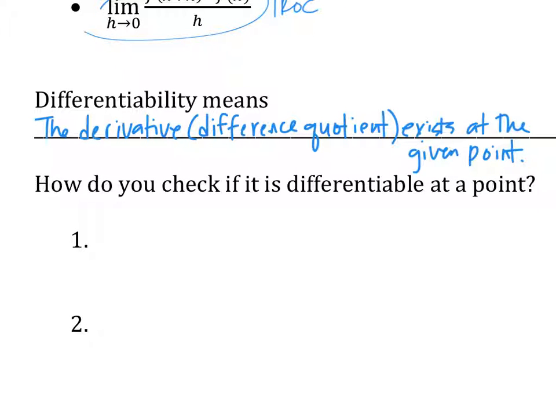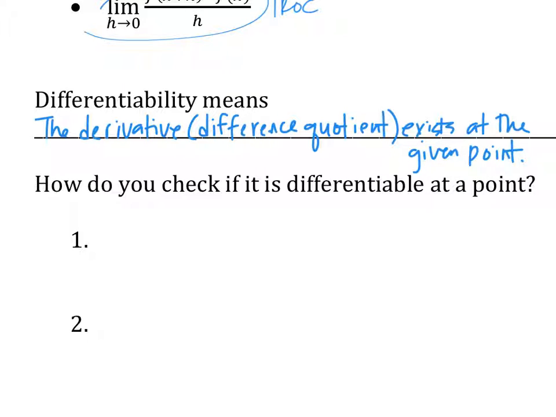How are you going to check if it's differentiable? First, anything that is not continuous will definitely not have a derivative. So if it's a hole, if it's a jump, if it's infinite, no derivative. If it's not continuous, no derivative.